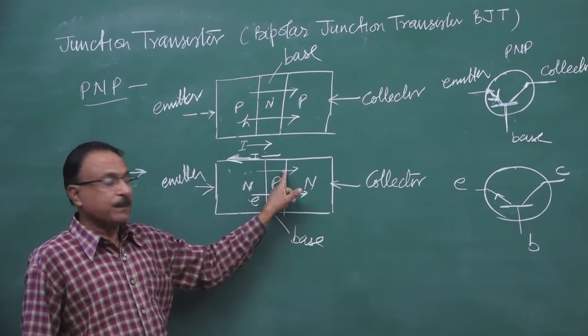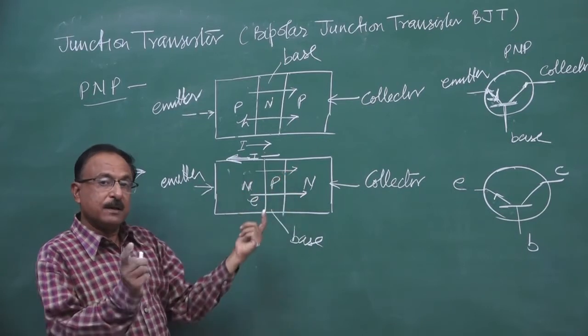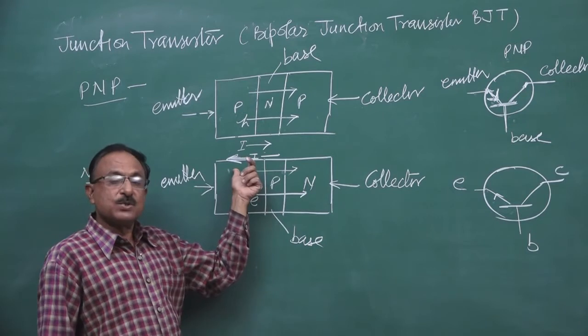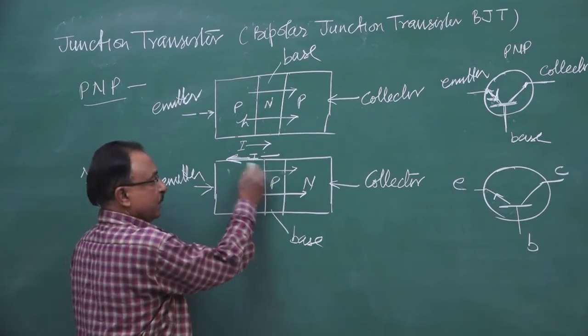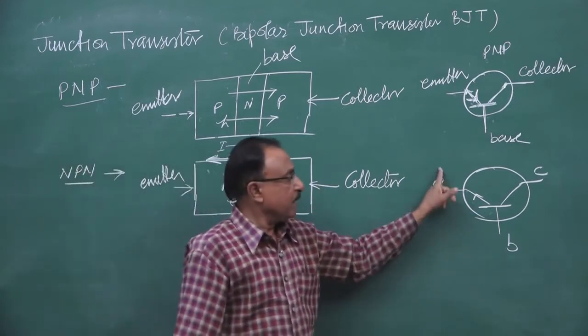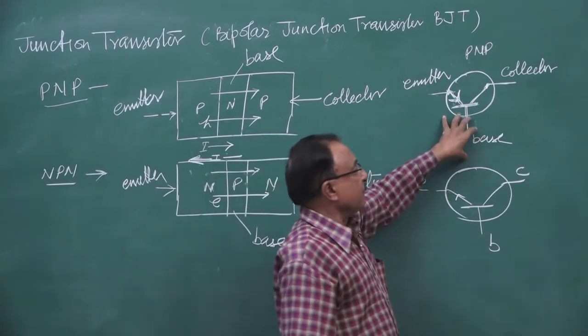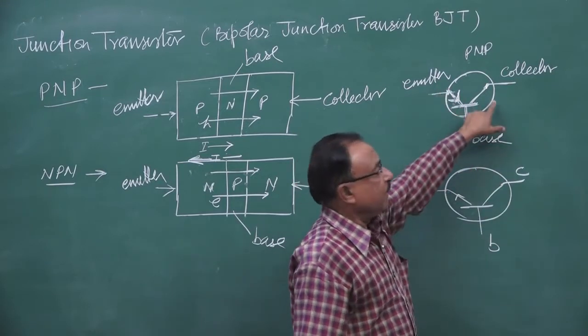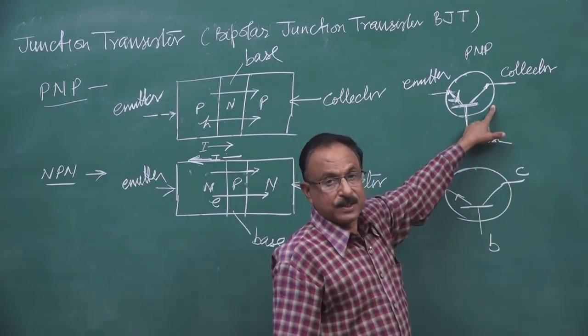It is the electron. So the direction of the current will be opposite, base to emitter. Current direction is base to emitter. Electron flow will be emitter to base. So the arrow is marked outward. So this is the symbol of transistor: emitter, base, collector, the three terminal device it is.